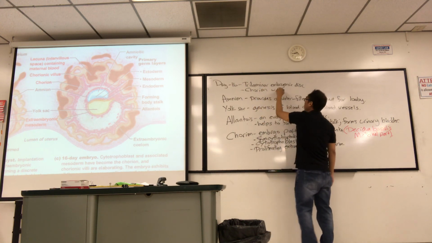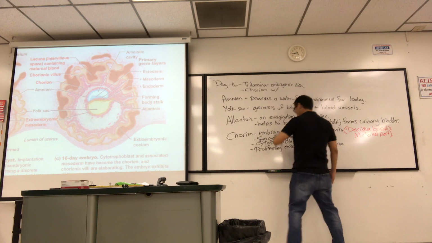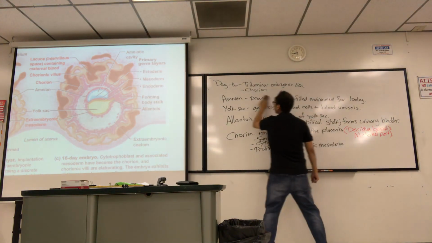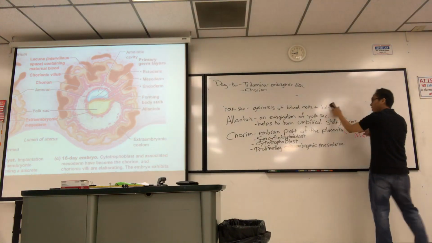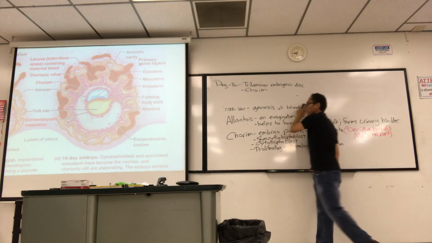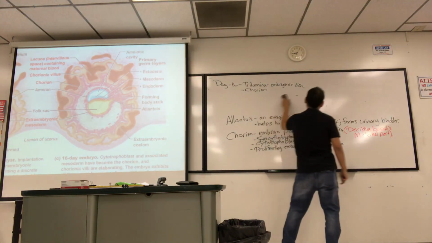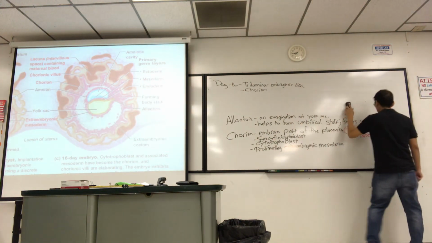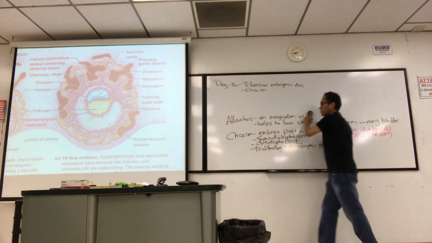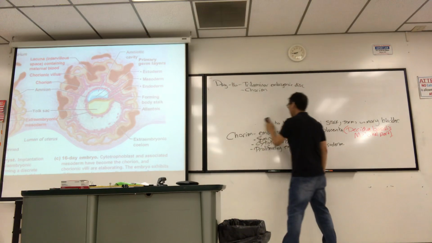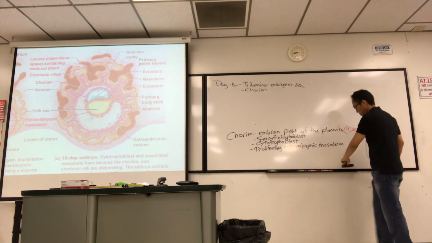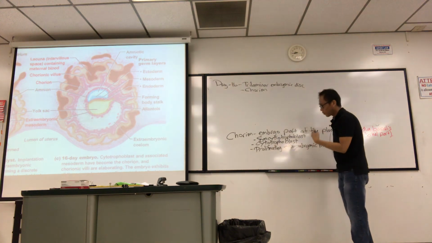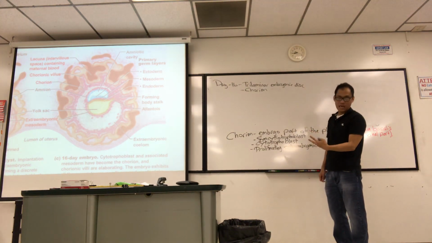You got chorion. So I define the chorion. However, the chorion begins to take shape. You have these like little finger-like projections called the chorionic villi.